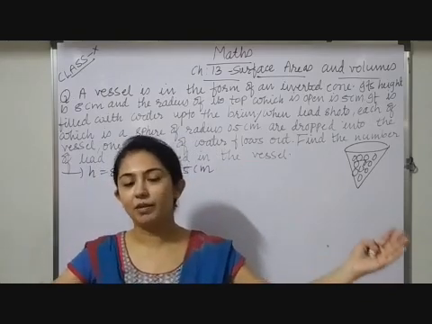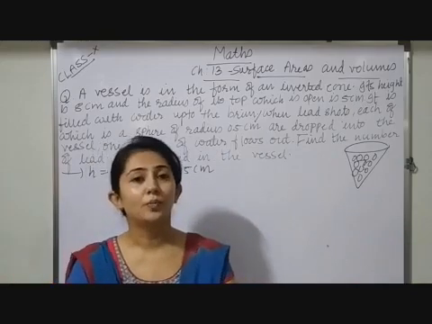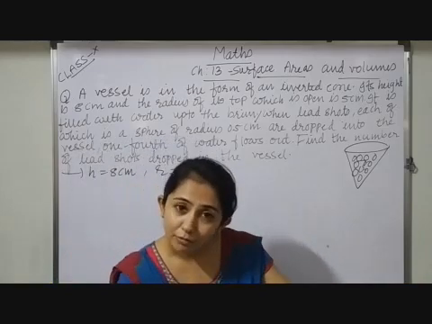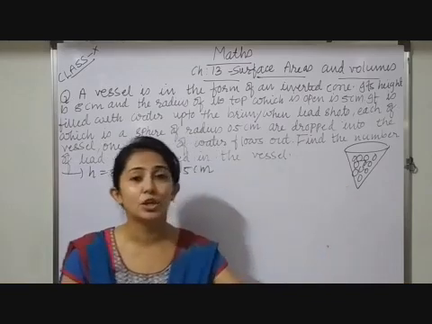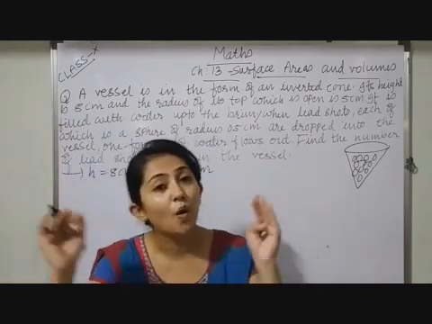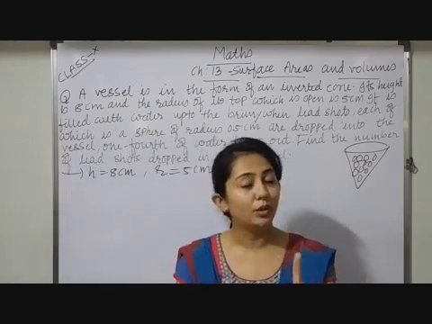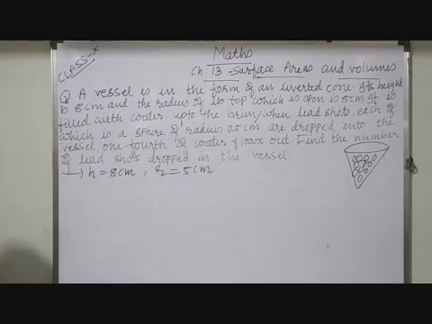Suppose I have one box which holds many cubes. Then the volume of the whole box is divided by the volume of one cube. Similarly here, the number of lead shots is equal to the volume of all lead shots upon the volume of one lead shot. So for that I have to find these things.